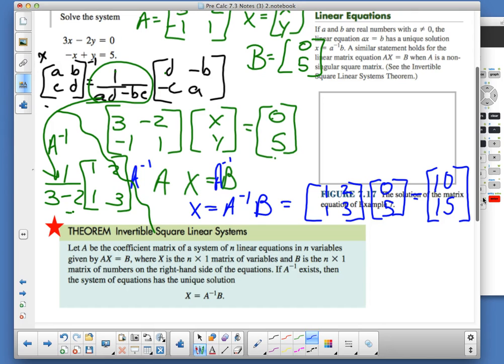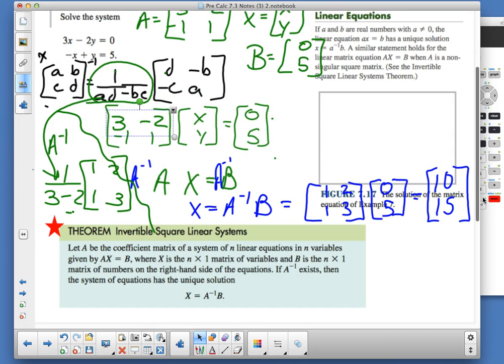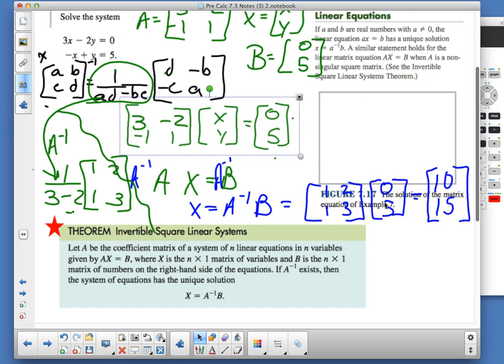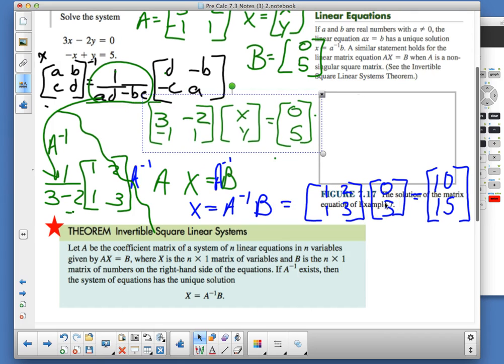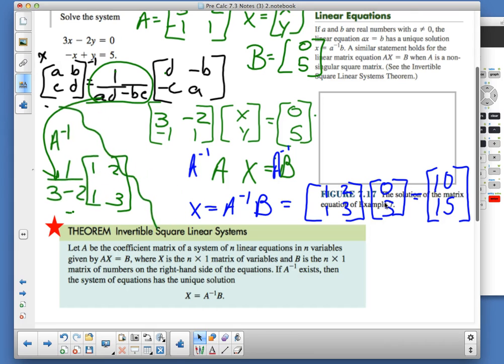Now, keep in mind what I did. I have matrix A times X equals B. We can make that a little smaller and group that whole thing, so we pull that up out of the way. I'm multiplying by the inverse of A that I found right here. This is my inverse of A according to that formula. Questions about the inverse?